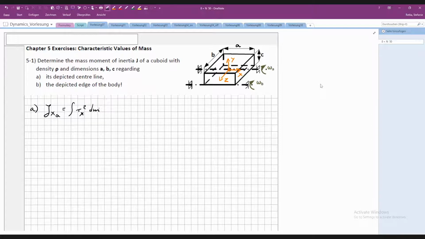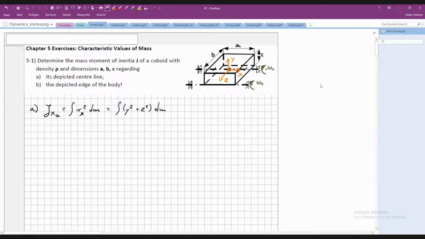Now, the radius from our x-axis in general is y square plus z square, dm.